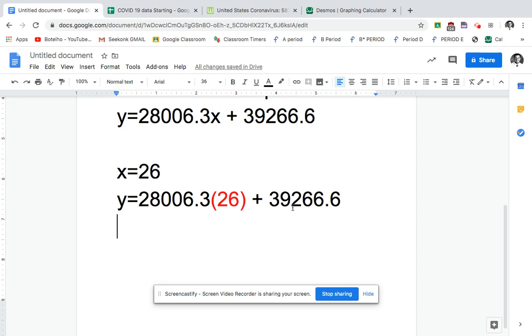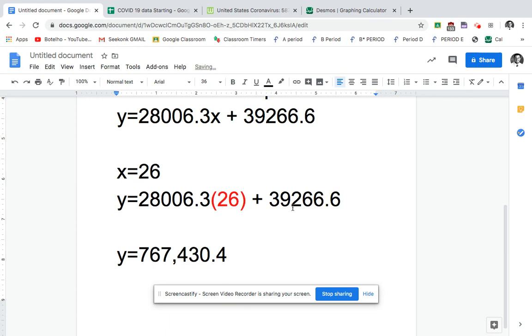According to this line of best fit, y, which now stands for the total number of cases, is 767,430.4.